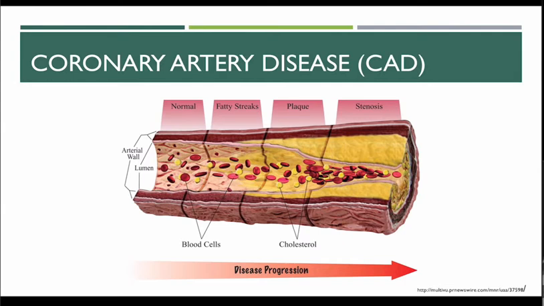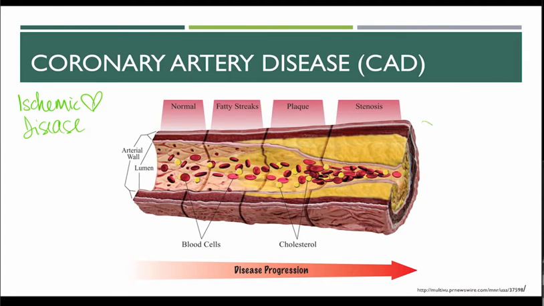Another name for the process by which we get coronary artery disease is ischemic heart disease. And someone has ischemic heart disease due to coronary artery disease because of the imbalance between cardiac blood supply, or perfusion, and myocardial oxygen requirements.